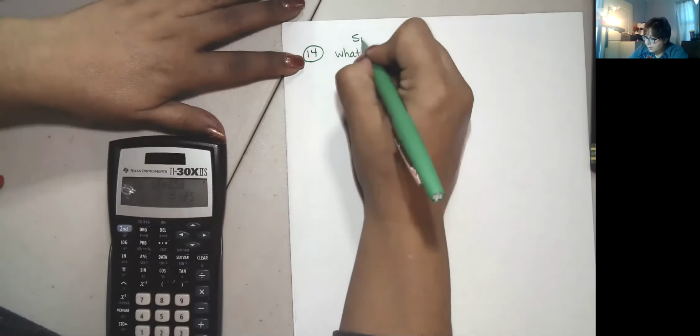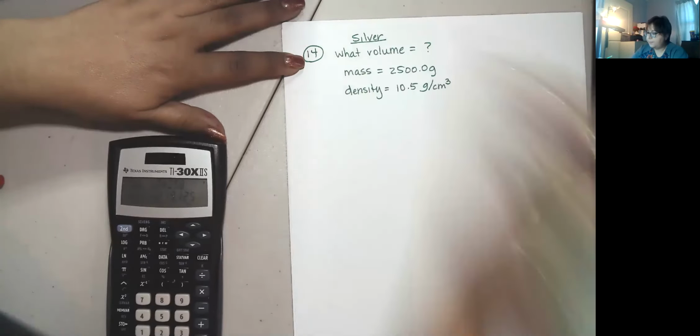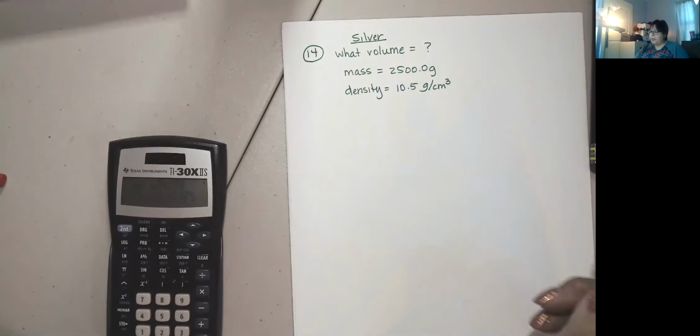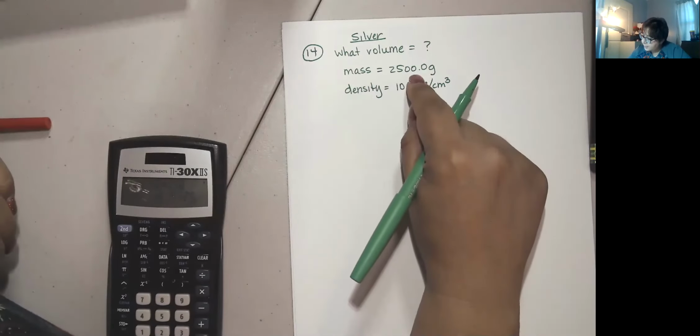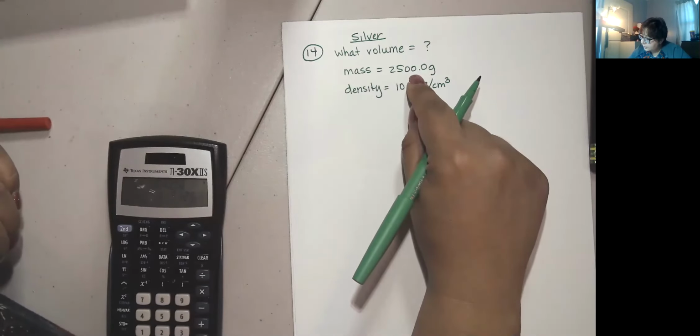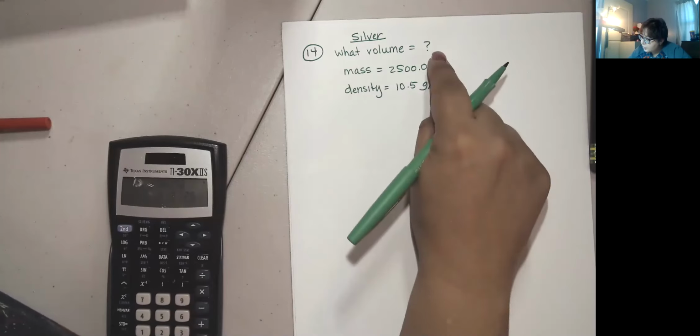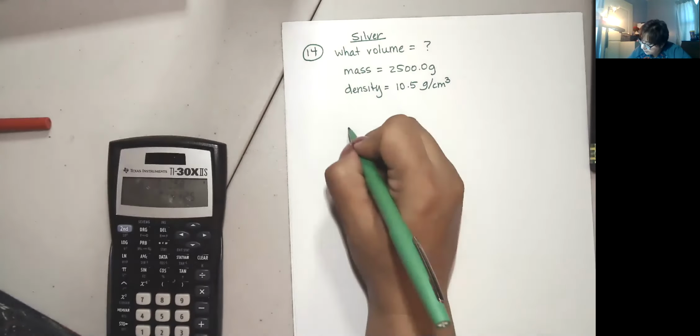So we're looking at a sample of silver, and we want to know if we have a piece of silver that has that mass of 2,500 grams, and this density, how much space will it occupy?